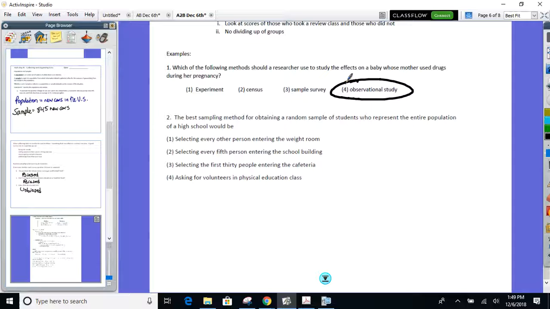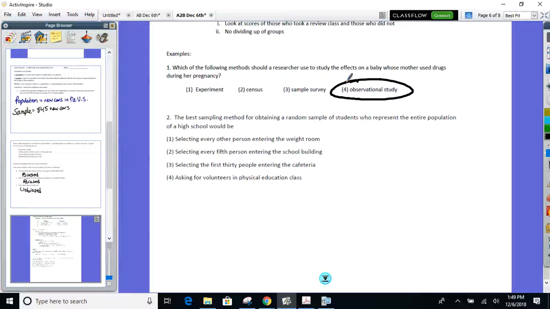I hope many of you eliminated experimental, which is I'm going to divide you up and you get this and you don't get this. And then probably survey, you could, but honestly no one's going to answer it. And then census is just thrown in there. I don't know why. So, observational study.